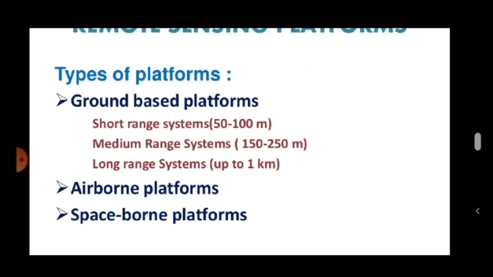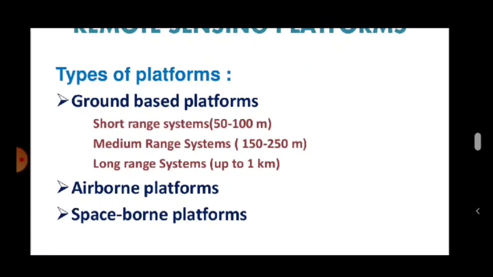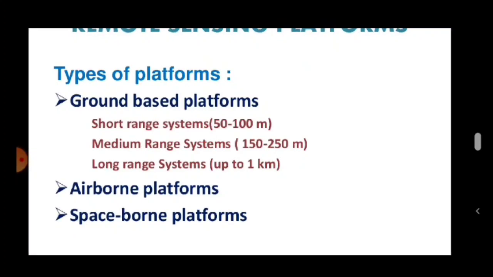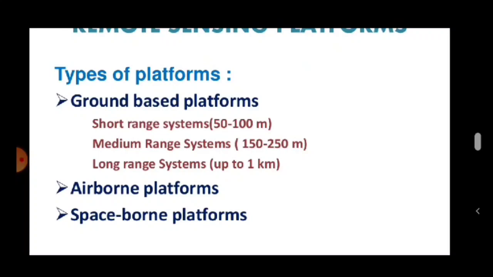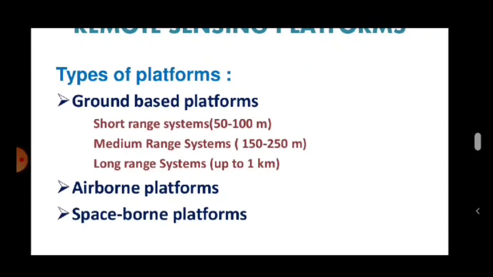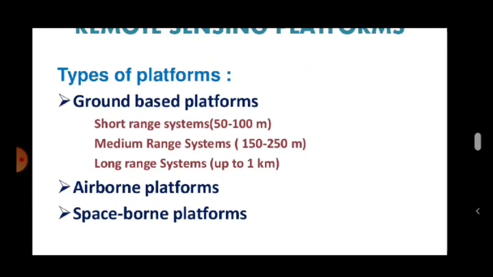So a platform of a satellite is simply where the sensor is being held, which is called a platform, or in other words, we can say it is a stage to mount the camera or sensor to have information about the target which is being investigated by the sensor or simply the camera.